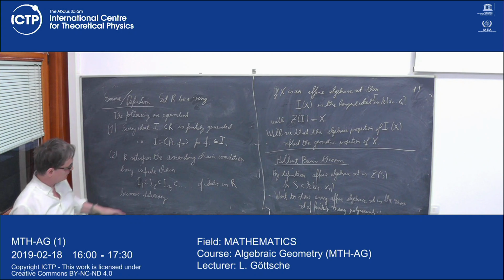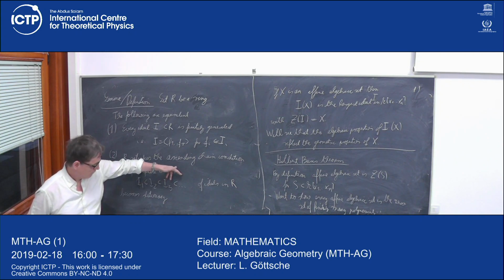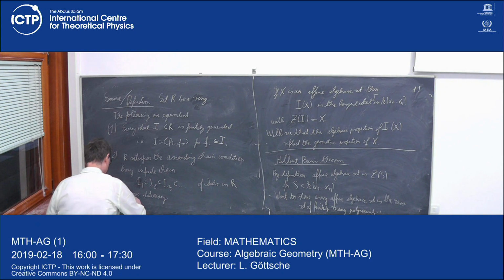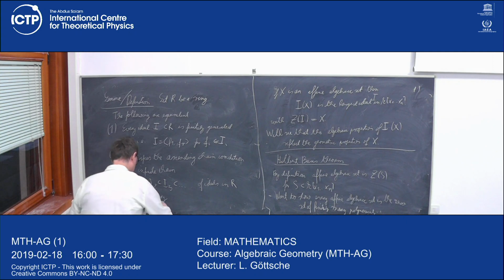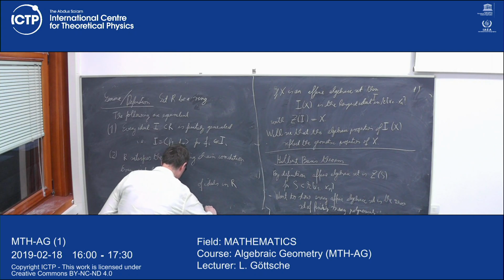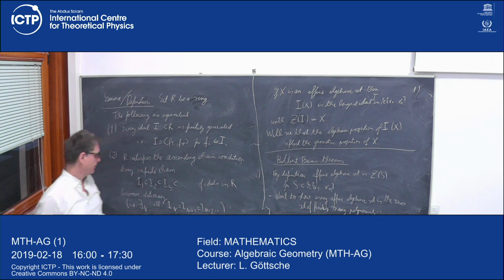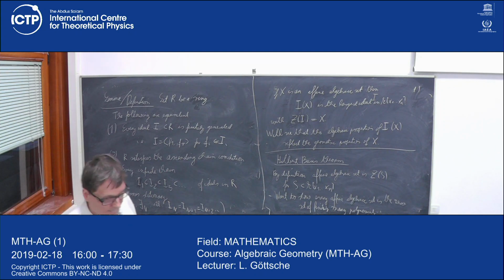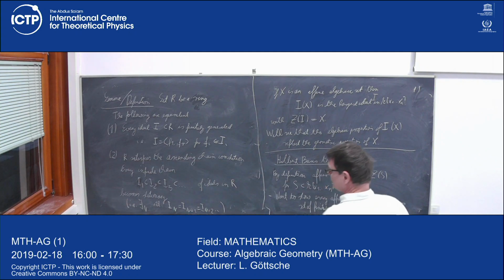By which I mean there is an n such that for all n' bigger than n you get the same. That means there exists an n such that In equals In+1 equals In+2 and so on. So after finitely many steps, all the ideals have to be the same. You cannot make an ideal bigger infinitely many times. Okay.